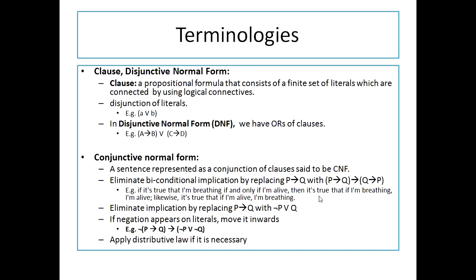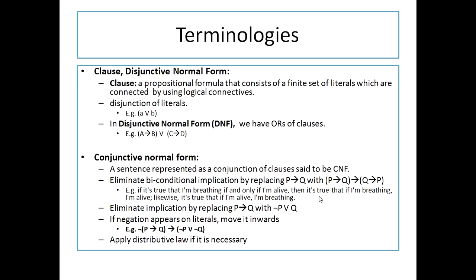We also apply implication elimination. If you have a statement like if P then Q, then we can generate Horn clauses of this. If P then Q can be written as negation P or Q. And sometimes we also take the negation inside.